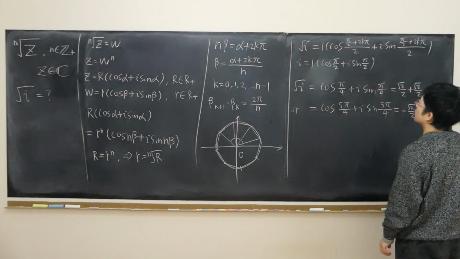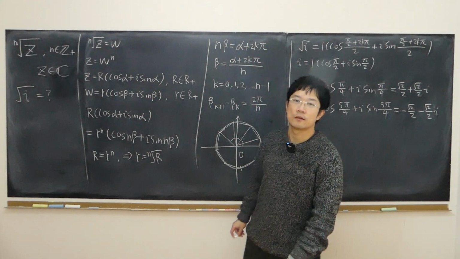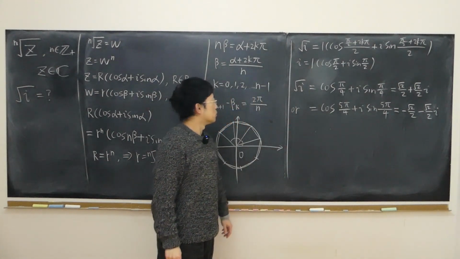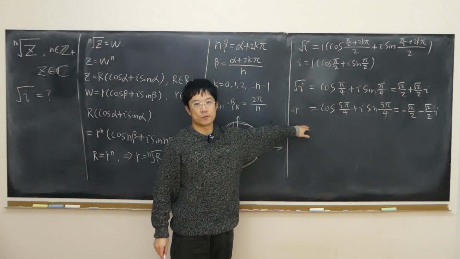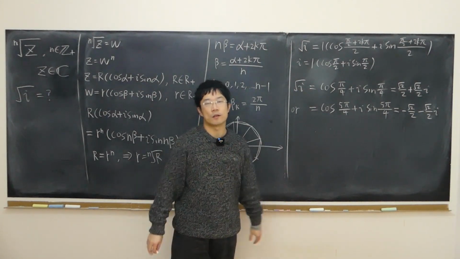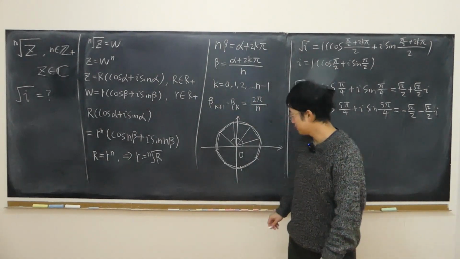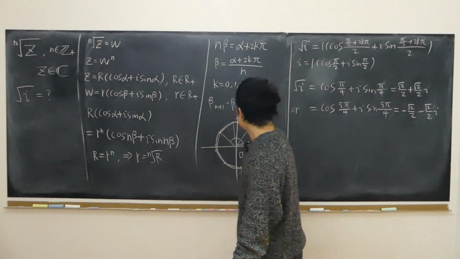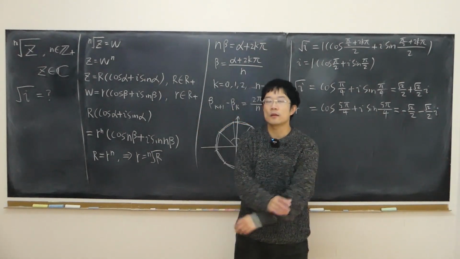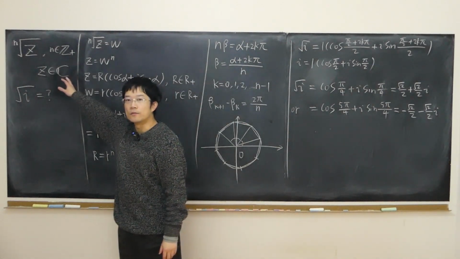So it turns out that we don't have to invent any other number system; square root of i is still in the complex number field. We don't need to invent any other number to solve for square root of i. And I will be using this result in future videos.